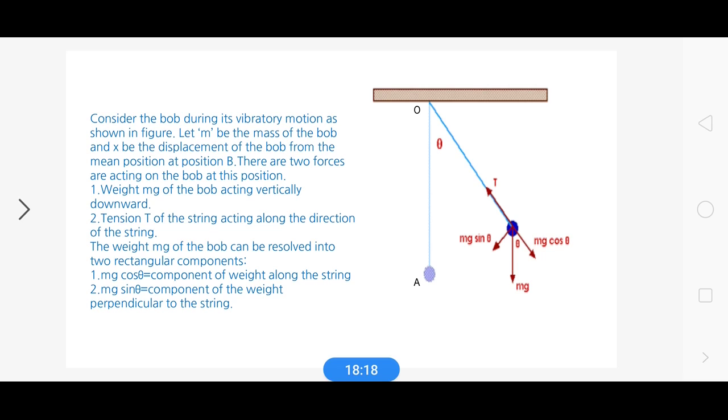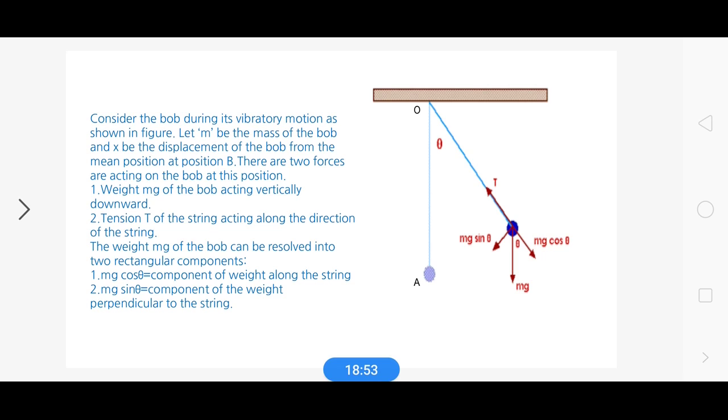Whereas when the particle is at the extreme position, the weight mg is acting again towards the downward direction, and it can be resolved into two rectangular components. The two rectangular components are mg cos theta and mg sin theta.